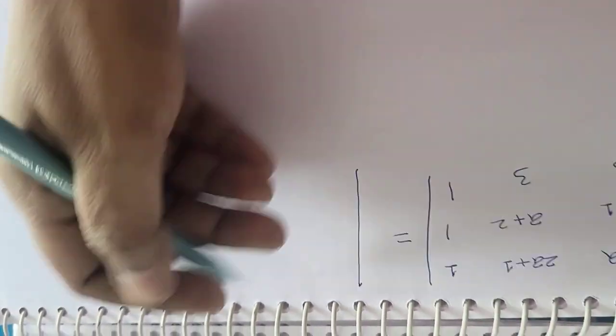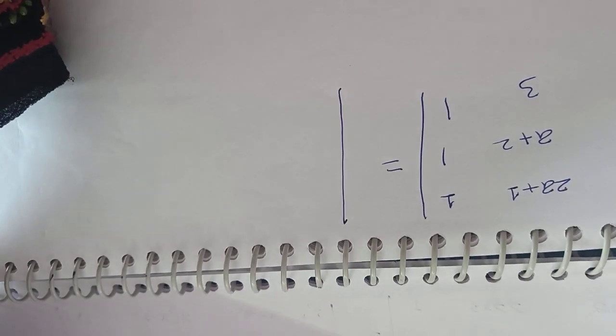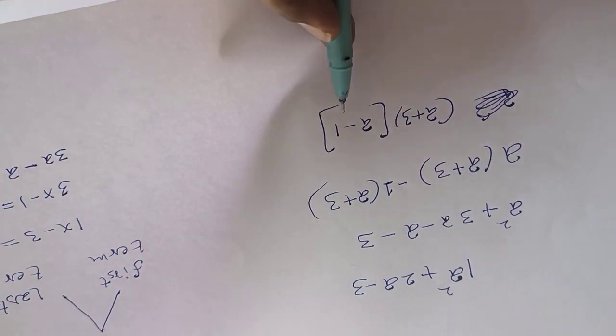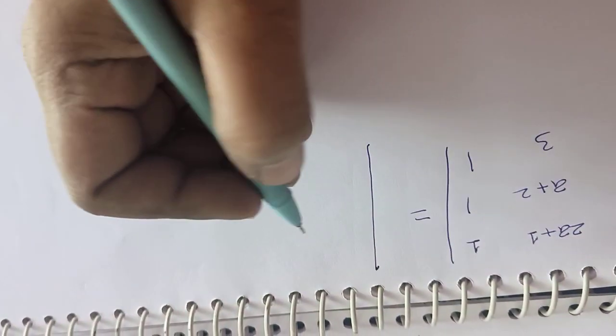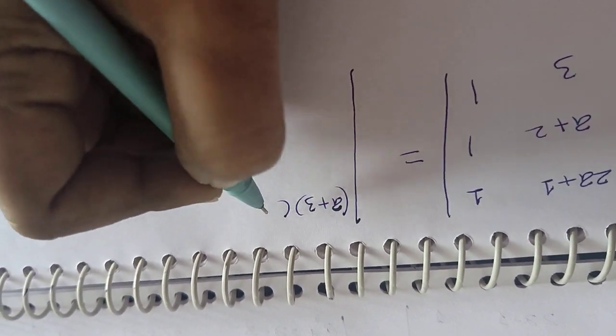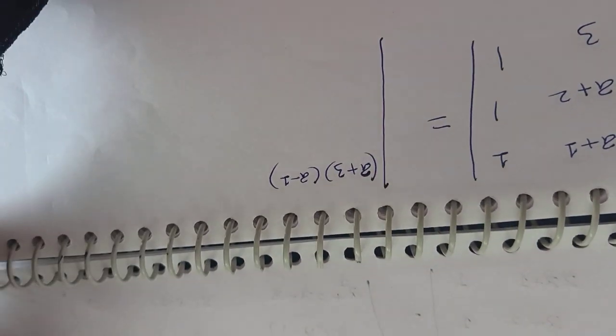This is our left hand side, we are keeping as it is. So in place of first term, we are writing a plus 3 and a minus 1. A plus 3 into a minus 1.